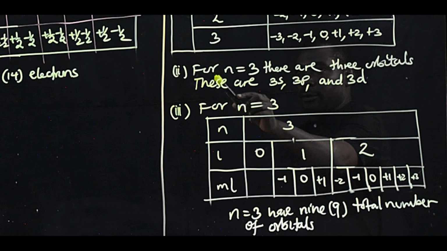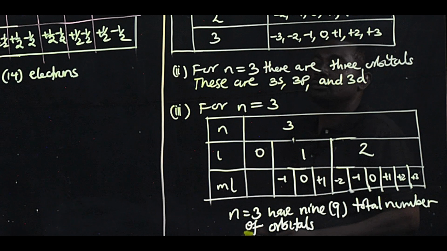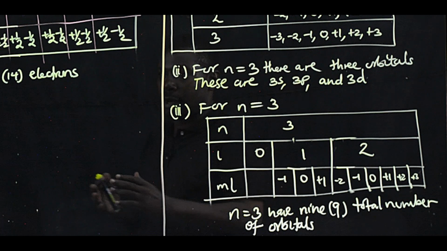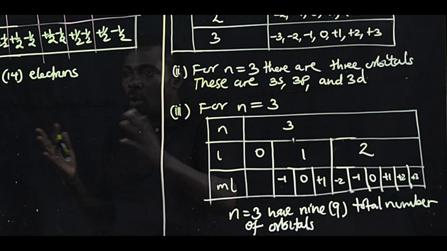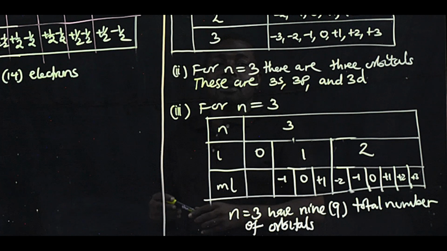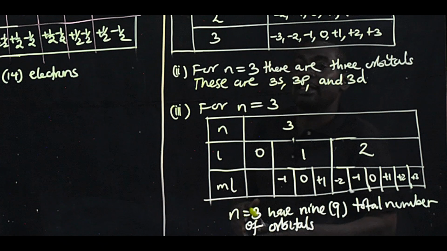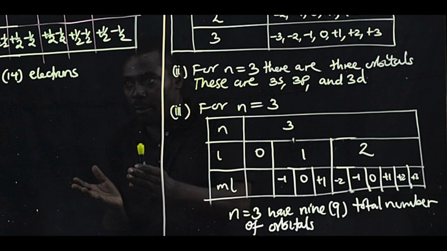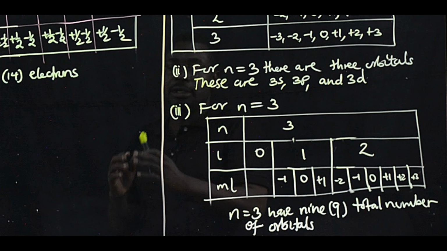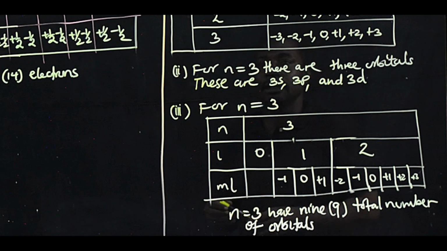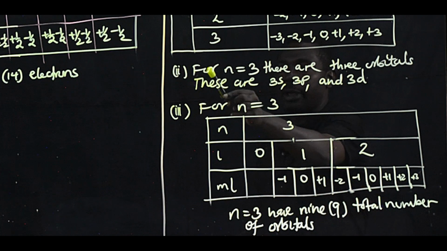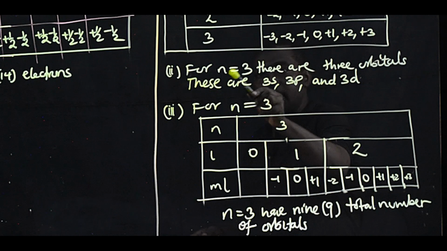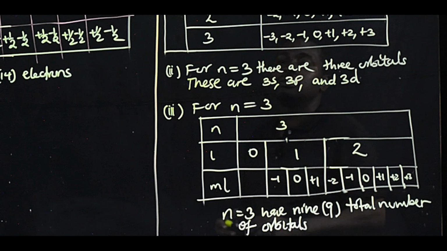For n is equal to 3, to obtain the orbitals or subshells, you are supposed to consider the value of n. The value of n determines the number and kind of orbitals found in a given shell. For example, for n is equal to 3, it means that shell number 3 should have 3 subshells.